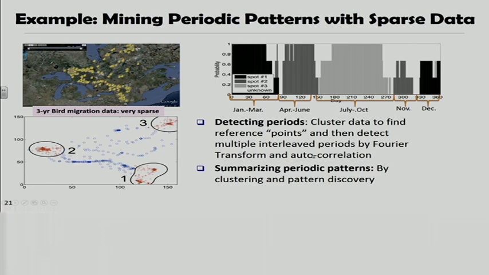And you can see the periodicity. She actually plotted this: January to March, this is April to June. You actually can see clear periodicity, like every year they come back. And she actually found different years.